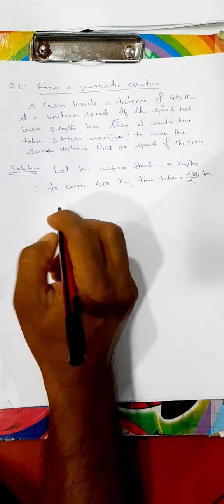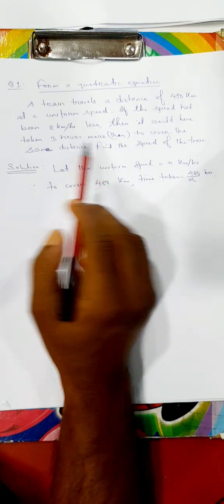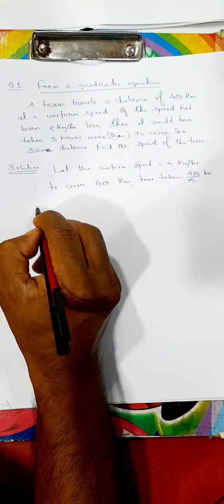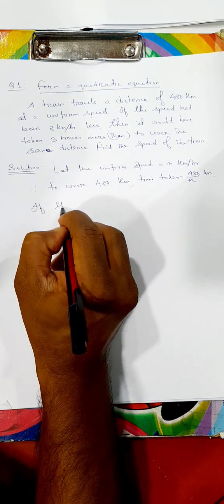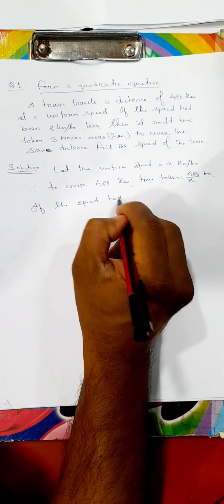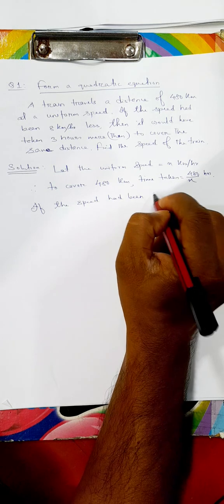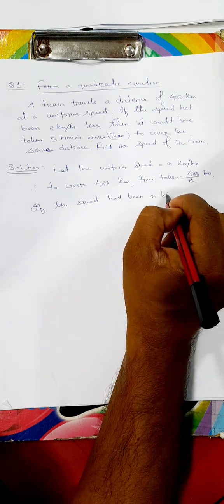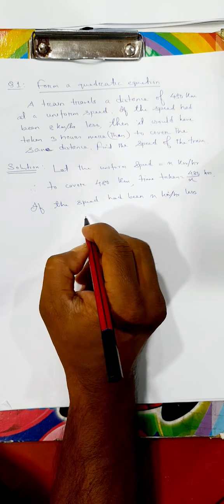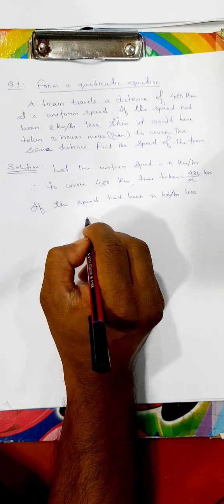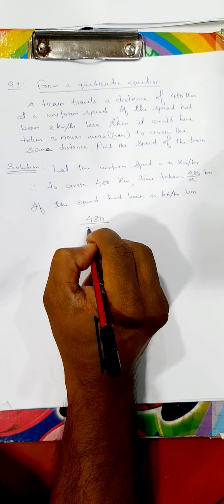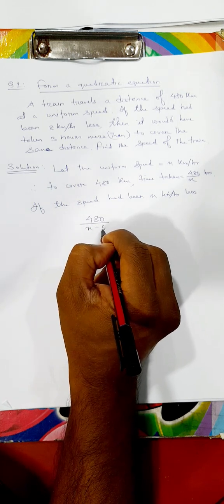Right? Now it says if the speed had been 8 km per hour less, then time taken would have been 480 divided by x minus 8.